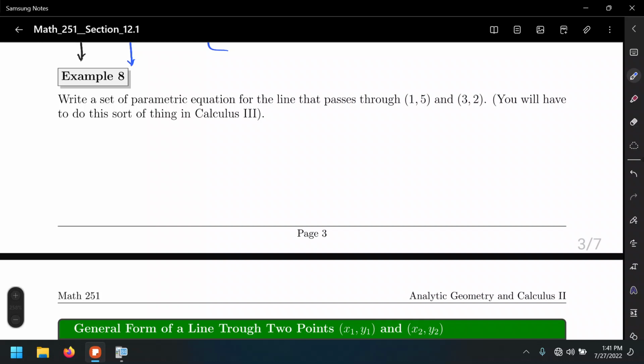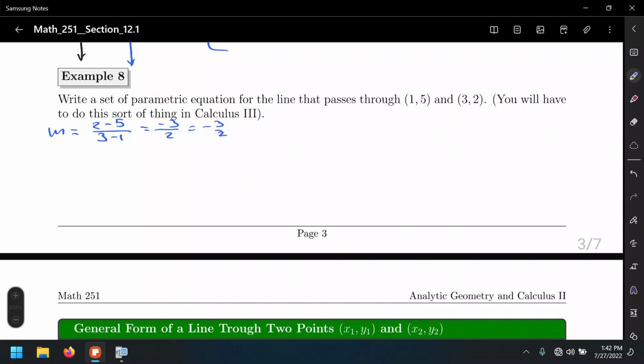We don't have the slope, but we have two points. We can find the slope: 2 minus 5 over 3 minus 1. That's negative 3 over 2, which is negative 3/2.